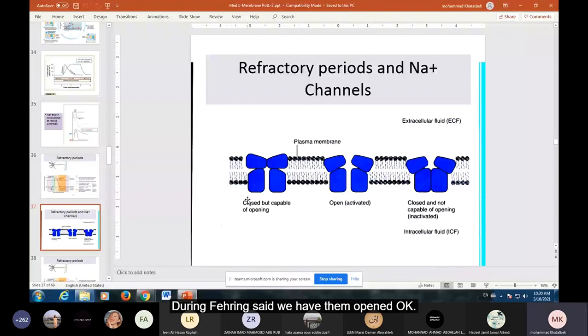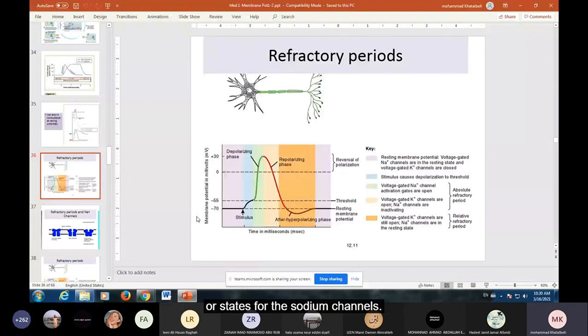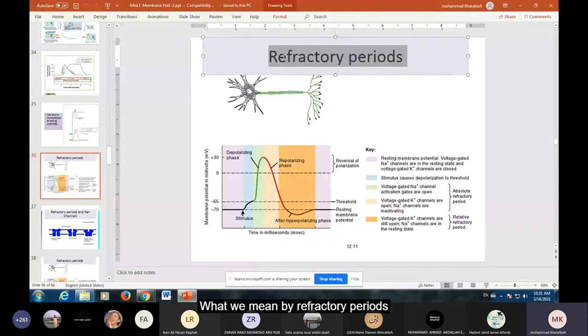Now, because of having these three states for the sodium channels, we define periods which are called refractory periods of action potentials. What do we mean by refractory period of action potential?